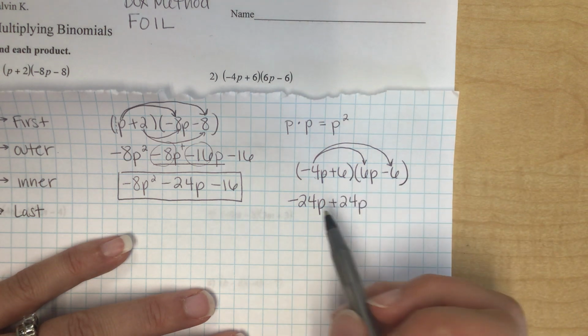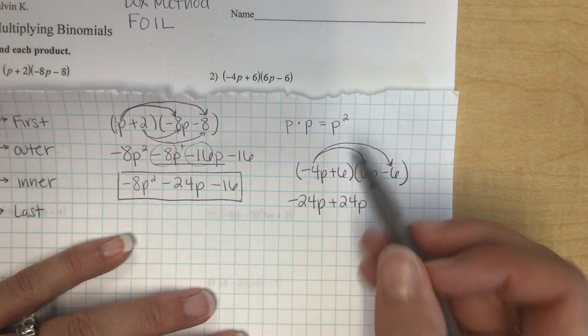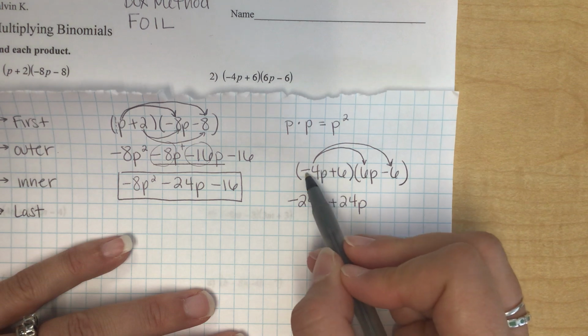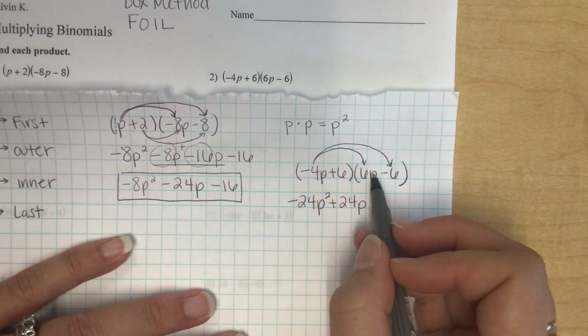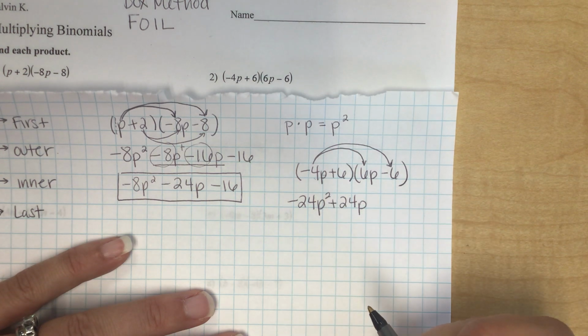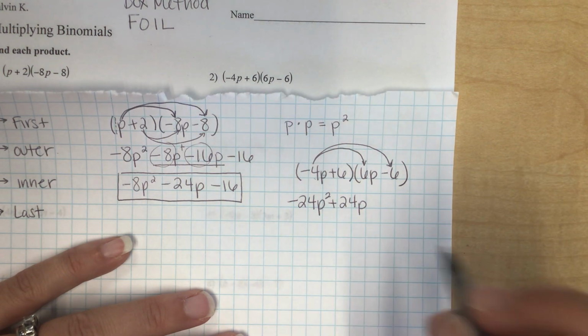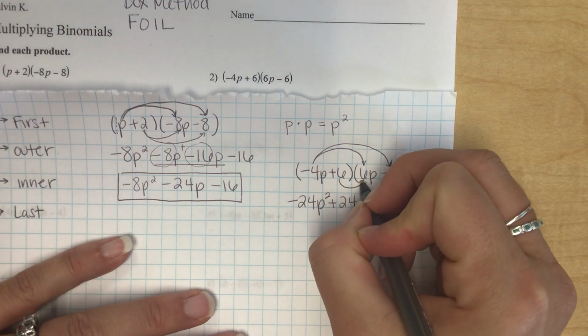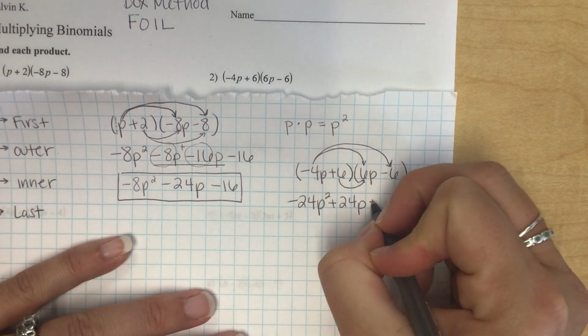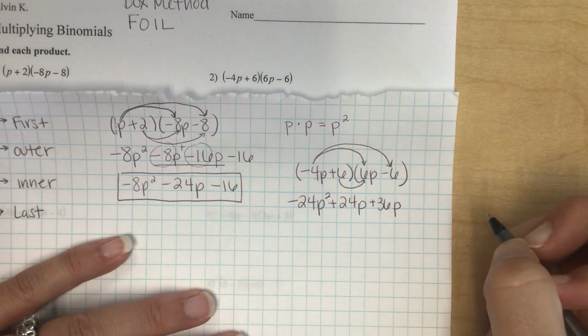Oh, I apologize. Look what I did wrong. I was not even thinking. The very first one, negative 4P times 6P, this should be P squared, right? Because P times P is P squared. Okay? Apologize for that. All right, and then going on to inner, so 6 times 6 is 36P.